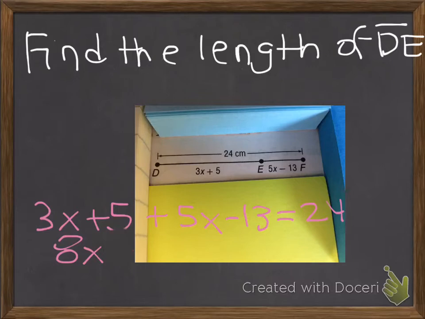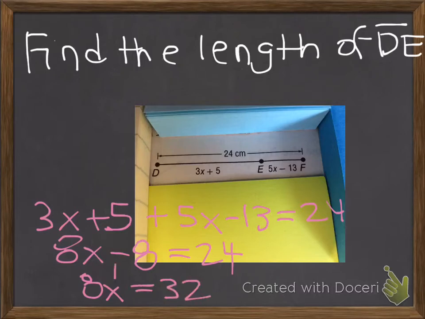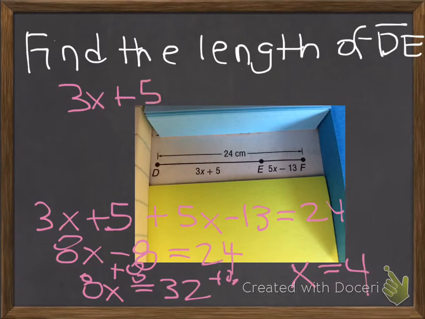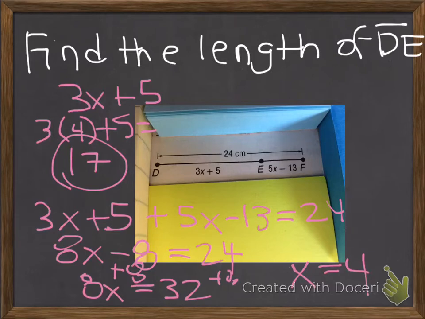We get 8x minus 8 equals 24, and 8x then equals 32 if we add the 8. So then x equals 4, but that doesn't have us find the length of DE. We just need to plug that into 3x plus 5, which represents the length. So 3 times 4 plus 5, or 17. And it is labeled with units, so we're going to do 17 centimeters.